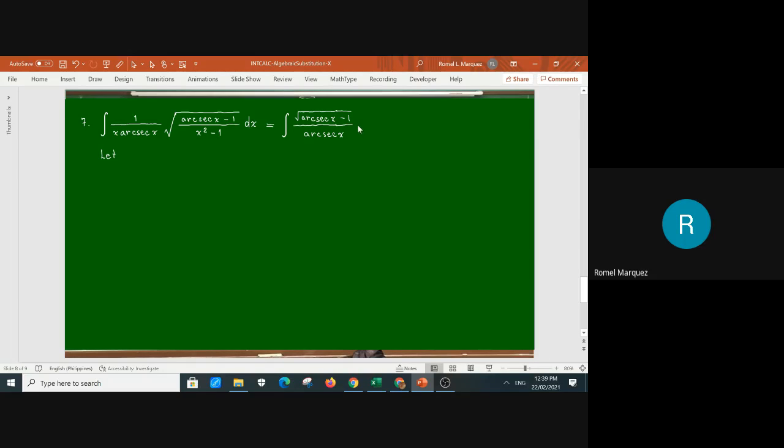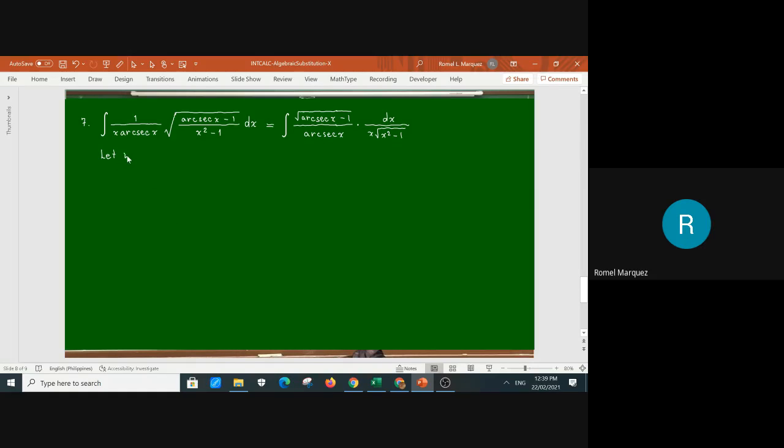Okay, then times, for the differential of arc secant, we have x times square root of. So this square root comes from this part, no? I split this into two square roots in the form of a quotient. One is here in the numerator, and the one in the denominator is square root of x squared minus 1. Okay?